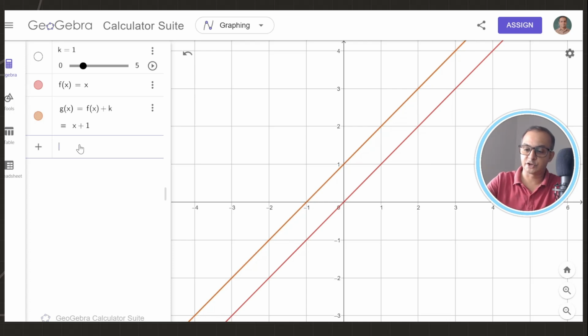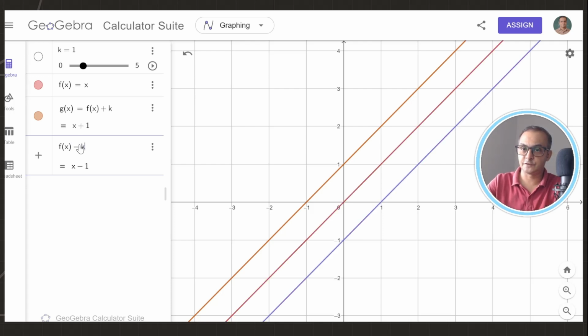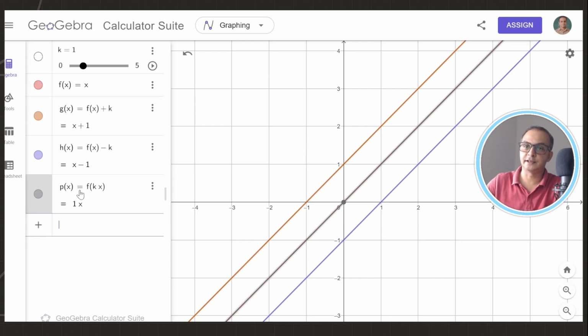And the second function I'm taking, f(x) minus k, it means it must shift your graph k unit down. The next is I have to show f(kx), and there is a value of k is 1 there, so that's why there's no change you can observe, and I think that's okay.